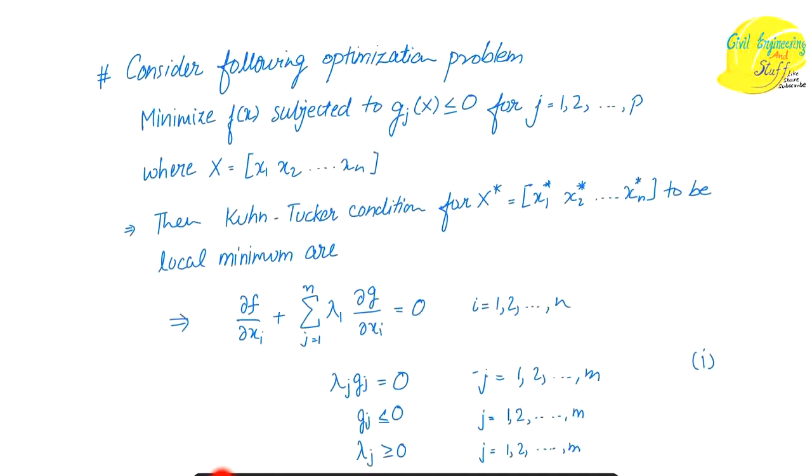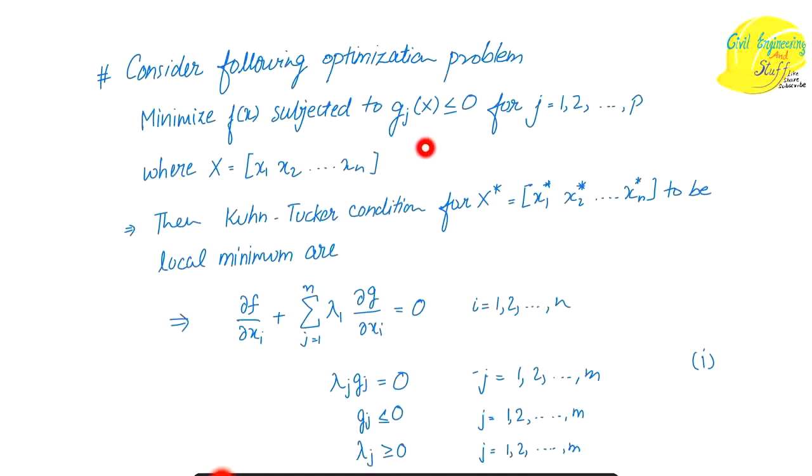After this, certain other conditions are included: lambda j into g j equal to 0, g j less than or equal to 0, and lambda j greater than or equal to 0. These depend upon the type of constraint that we have.